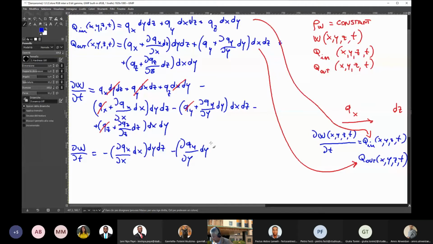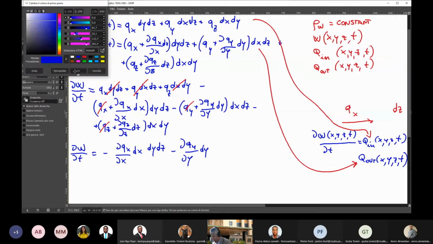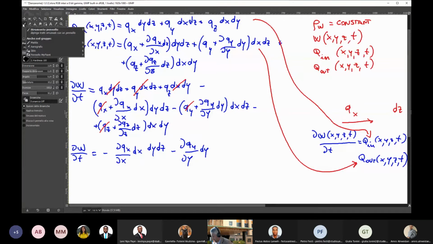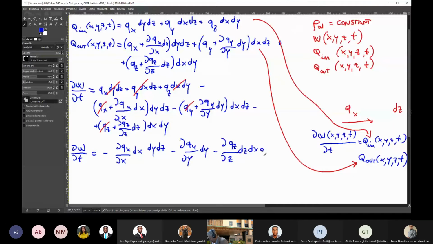It's not necessary that I put these parentheses, so let me just cancel them. When we can simplify the mathematical notation, let's simplify it. Okay, very good. And then I can write minus partial derivative of qz with respect to z, the z, the x, the y.